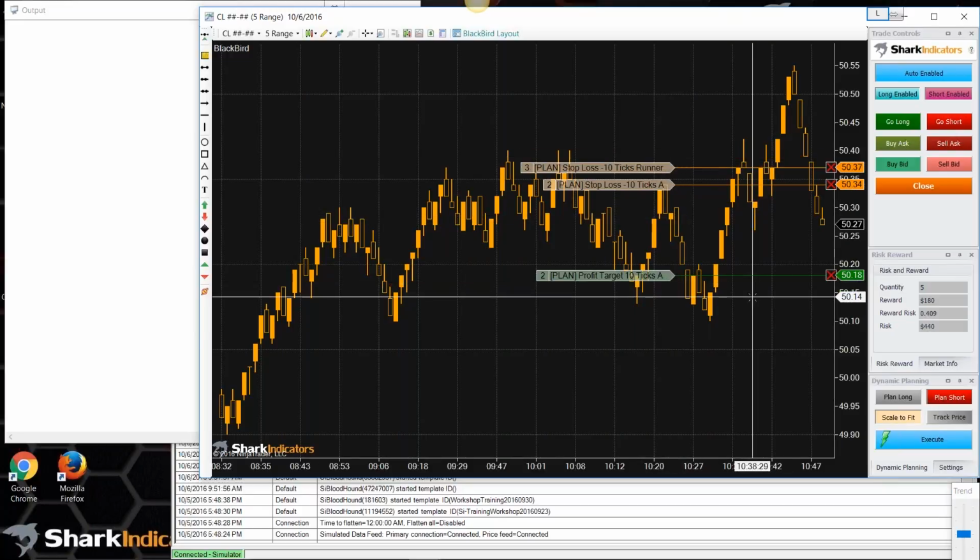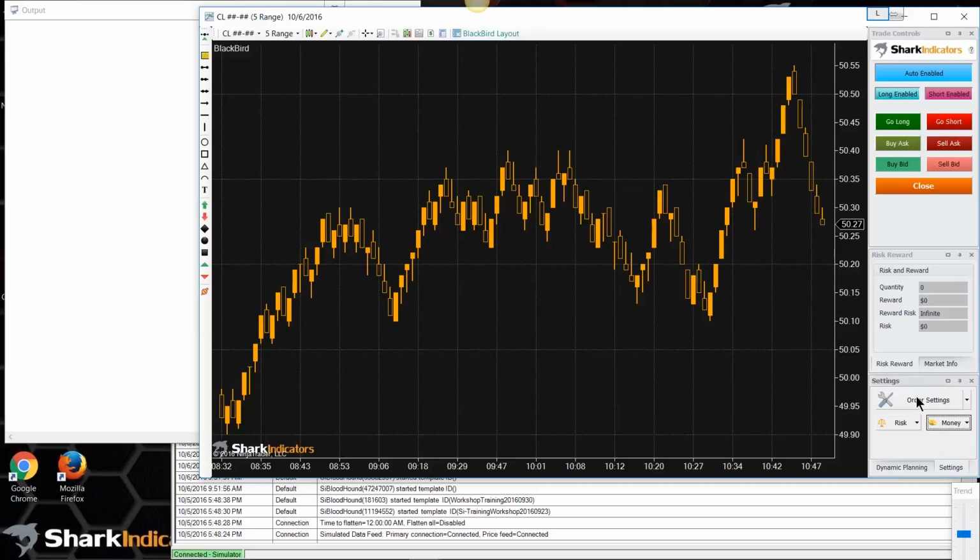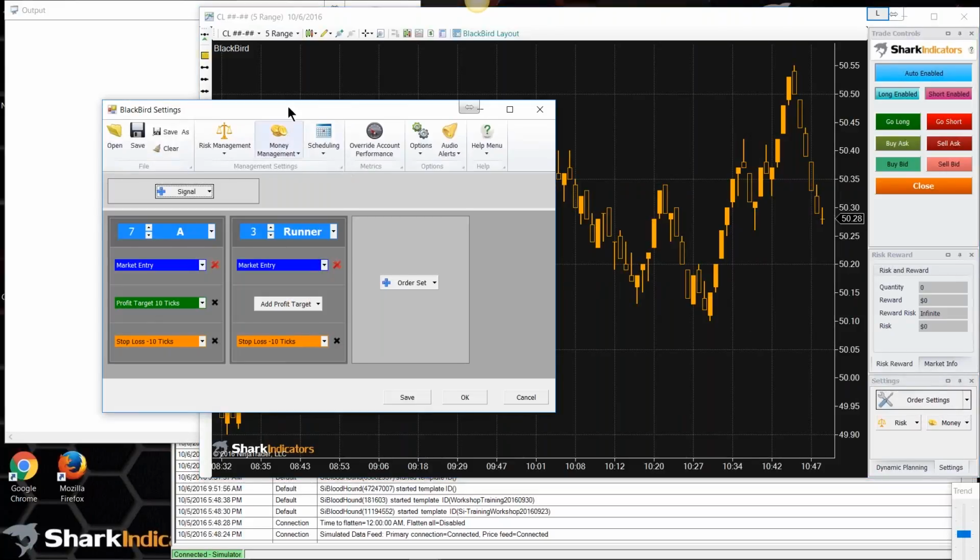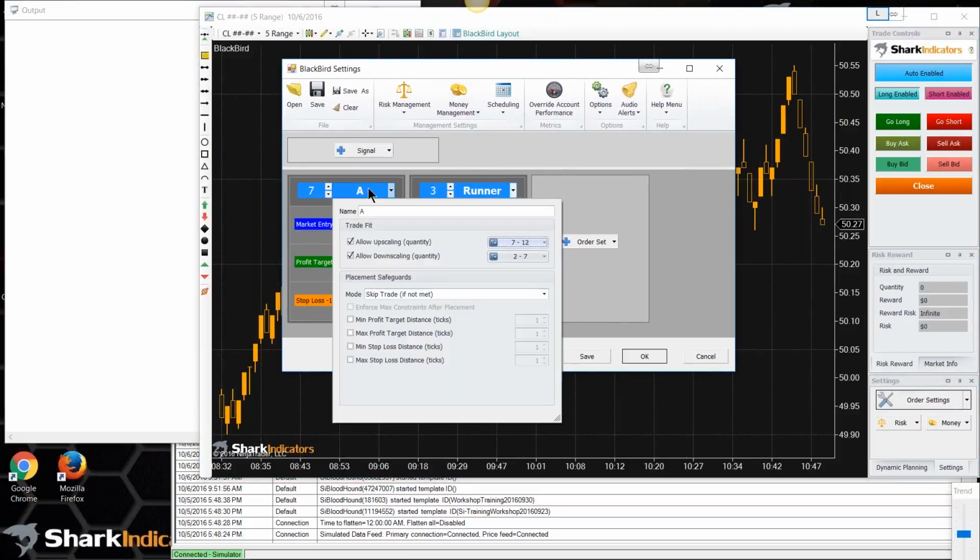All right, I didn't want to get too far into the dynamic planner, but I just wanted to really illustrate what the trade fit is for. So that's what the trade fit's for, the dynamic planner.